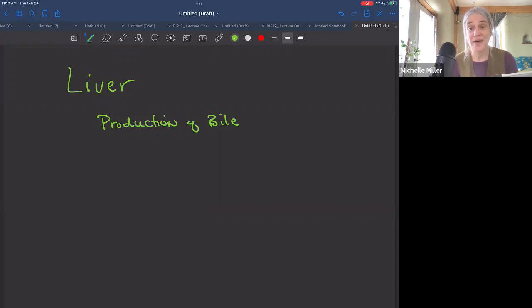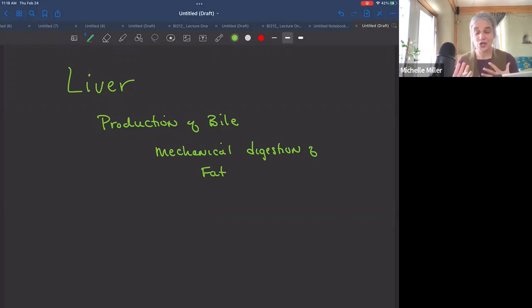You'll remember that bile functions in mechanical digestion, not chemical digestion, but mechanical digestion of fat. Sometimes they're called bile salts, but this bile acts as a detergent.